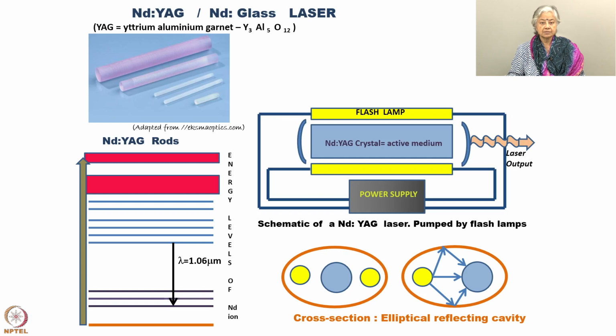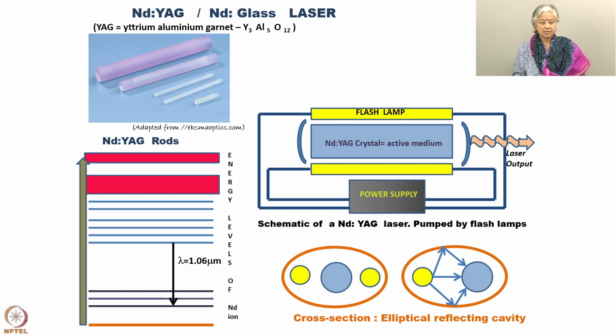That's the chemical composition. The common part between YAG and glass is that Nd ions are embedded in the background of YAG, or Nd ions are embedded in the background of glass. So these Nd ions are sitting in different positions of the glass and YAG. You will come to know later on what the small differences are.